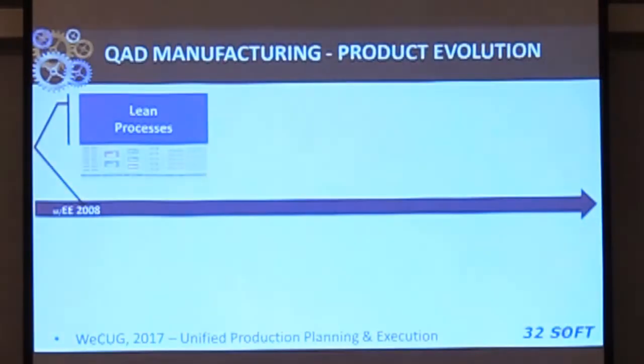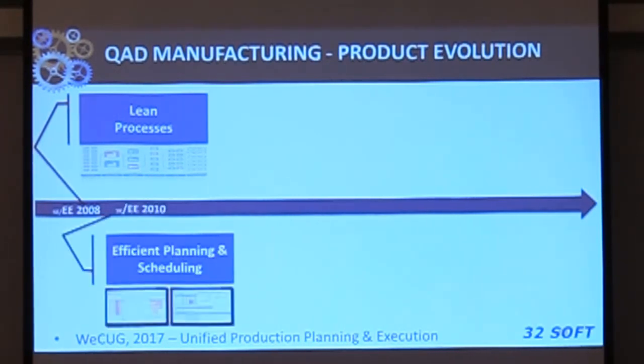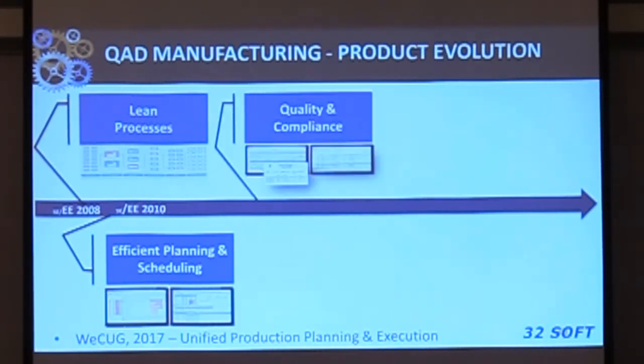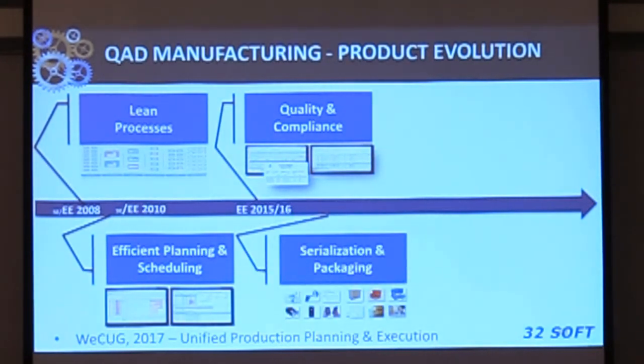Production orders. As Dave had mentioned, production orders are the next future. We had lean processes, Kanban, back in EE208. Then we had the master scheduling workbench, the production scheduling workbench in 2010. CBOS and quality work orders came in 2015, 2016.